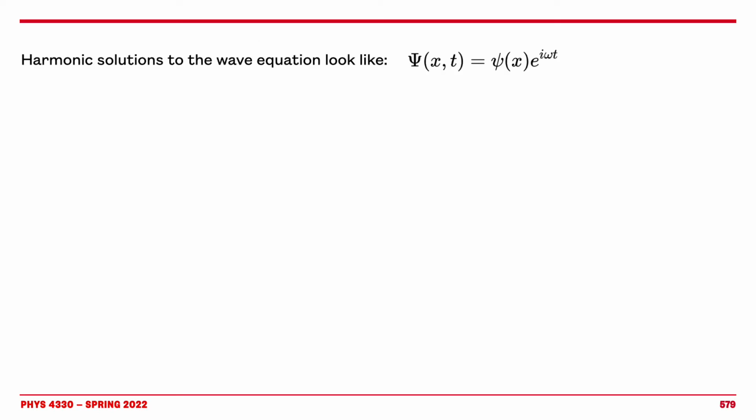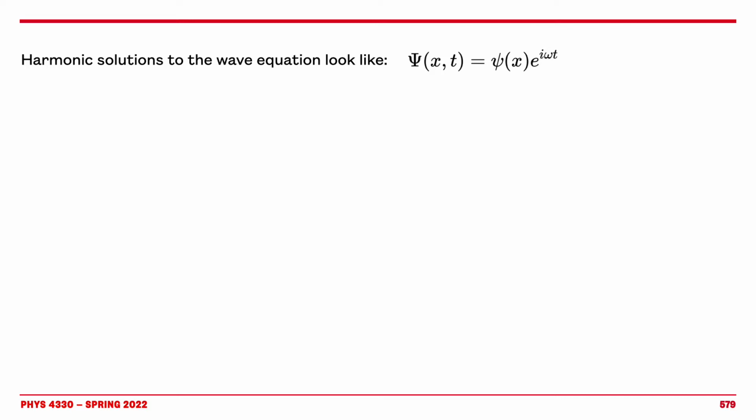When we were looking for solutions to that equation, we always wrote the wave function this way, where we separated the position and the time. So we were looking actually for harmonic solutions. By harmonic, we meant an oscillatory solution. And we see that very well when we look at the real part of the equation. We find that we have a cosine omega t. So it's really a harmonic solution at a given frequency.